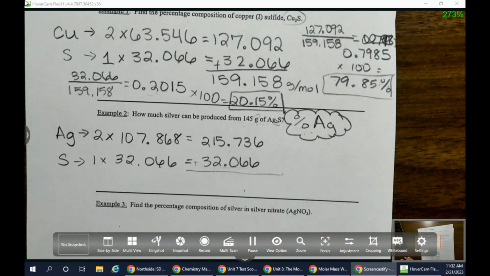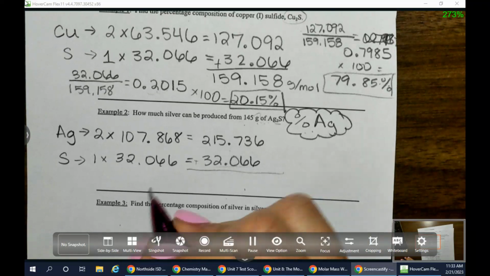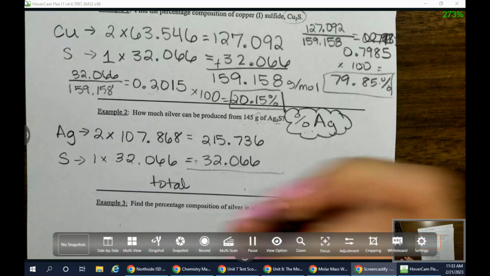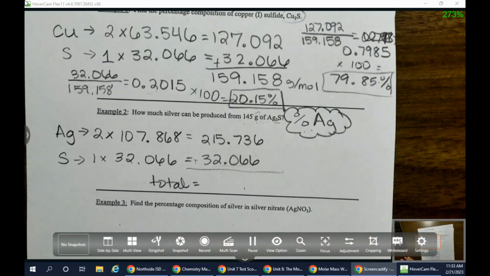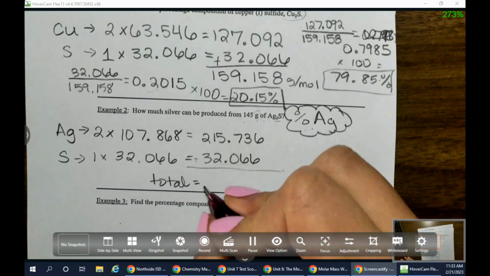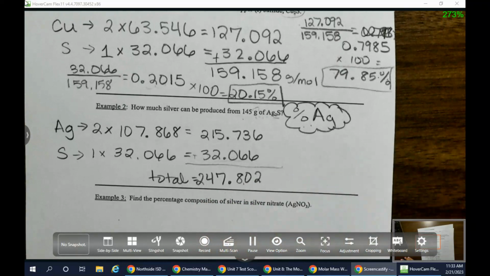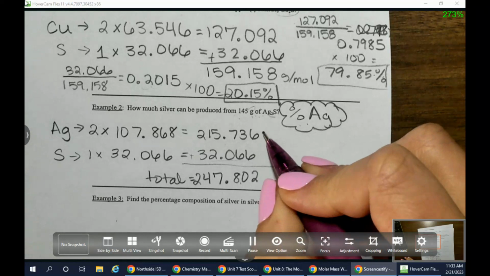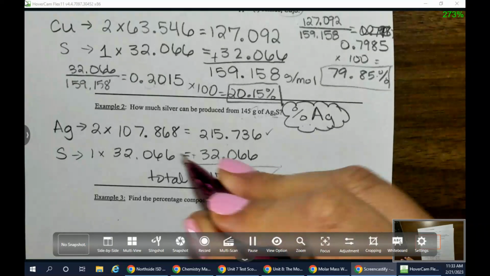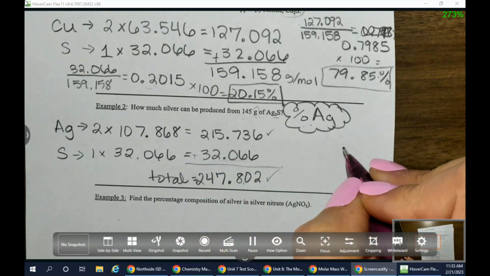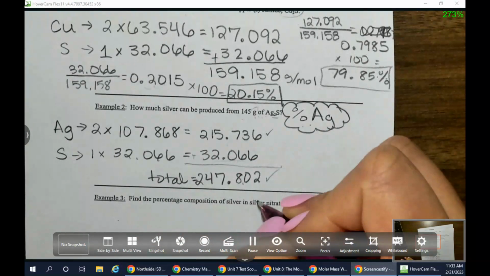So when we added those together to get the total, we end up with, what did you guys get? 247.802. So we just need this value and this value to figure out my percentage of silver. Okay, so we did all of this just to get that number.